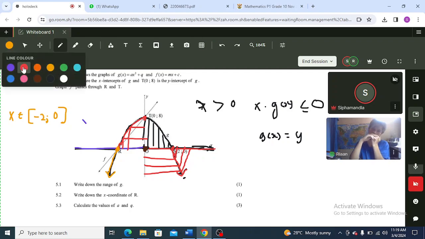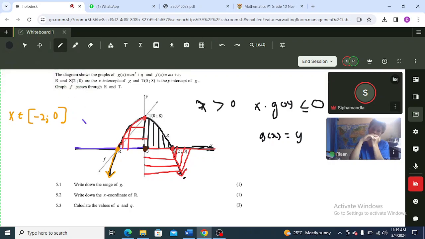Okay, let me use another color. I'll start exactly from here to there, so I have to use the square bracket. Okay, union, starting exactly from positive 2 to infinity. Why I'm saying infinity is because you can see the function continues moving down.